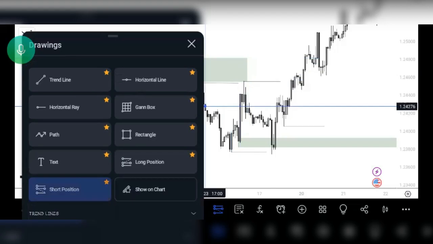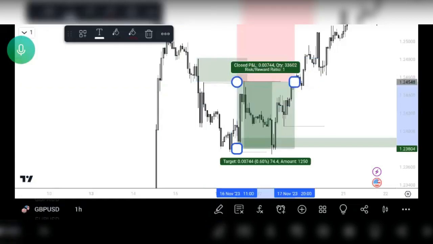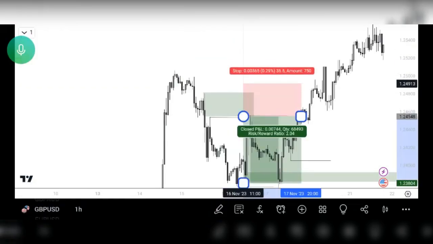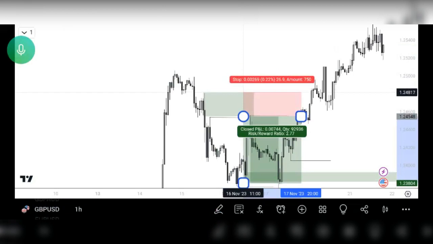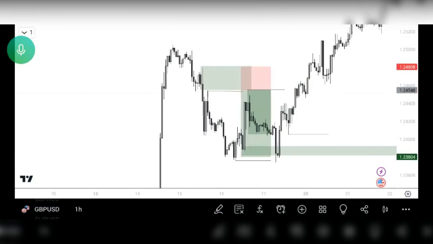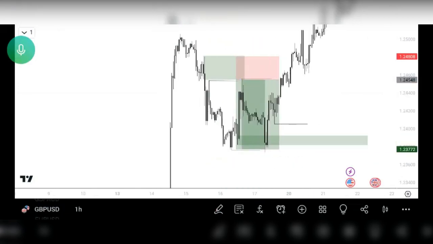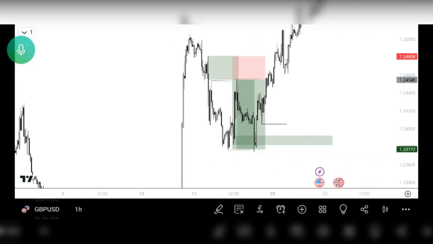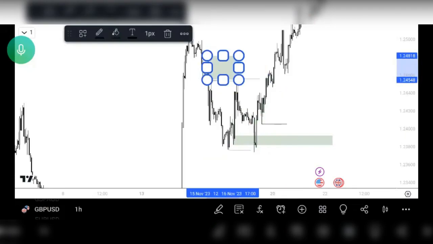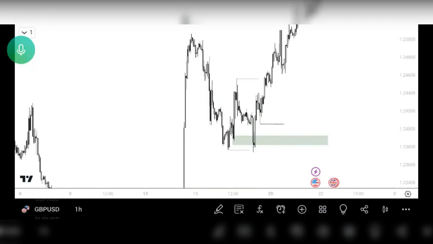And what happened? See how price came into it precisely. You target the next low here, and you have a winning trade, and that is how scenario 1 plays out.